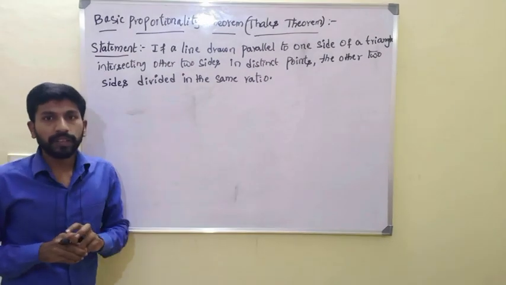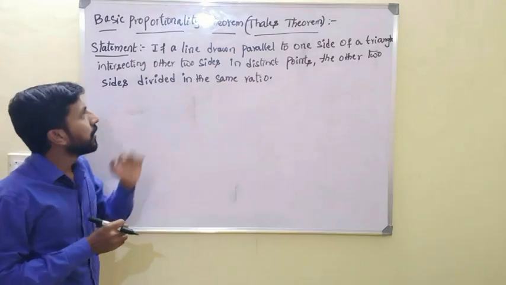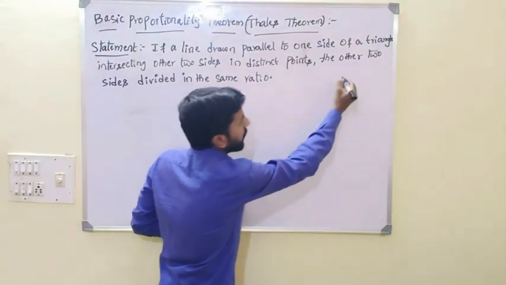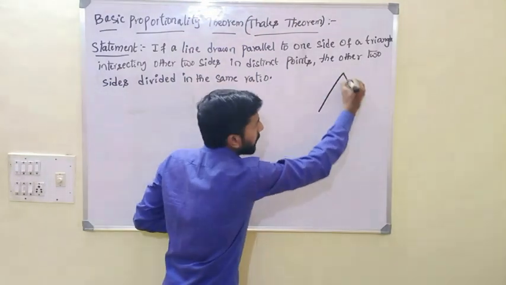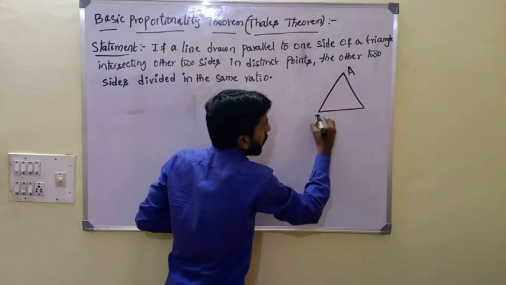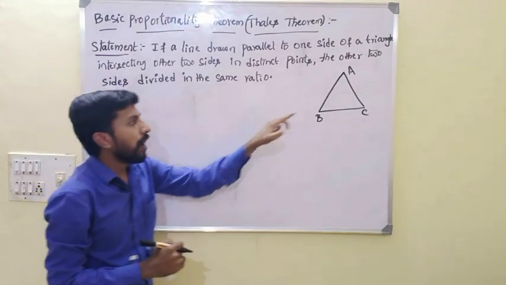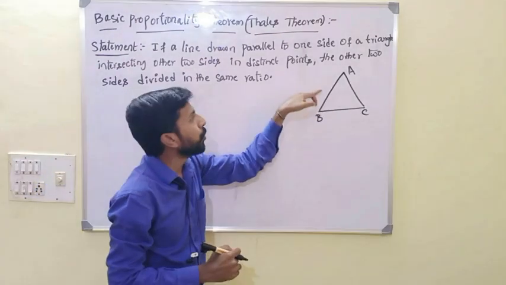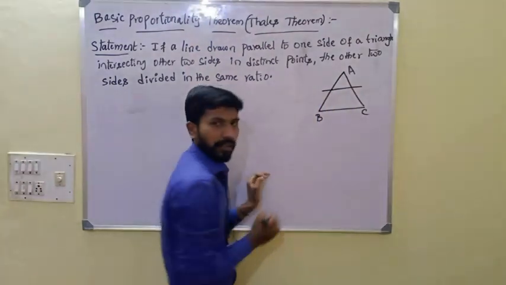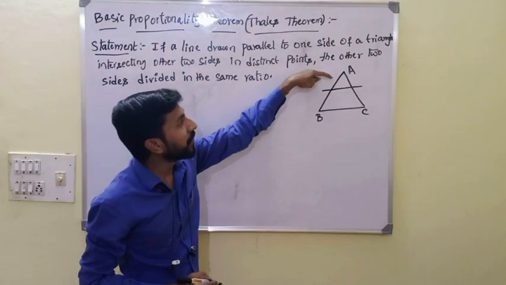Now we'll see how to prove this theorem. Now what is given in the theorem? If a line is drawn parallel to one side of a triangle, that means this is the triangle ABC. For this BC side I am going to draw a parallel line like this, and this line intersects the other two sides.